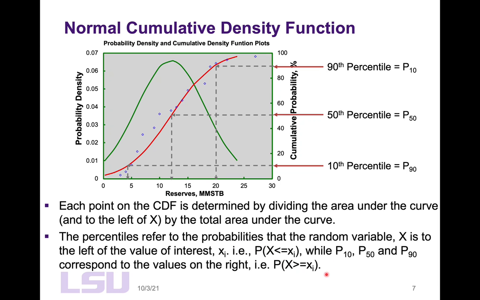The probability that x is greater than or equal to xi is equal to 1 minus the probability that capital X is less than or equal to xi. So if the question is asking you for P10, P50, P90, you're looking at the probability that the random variable is at least xi. I hope that's clear.